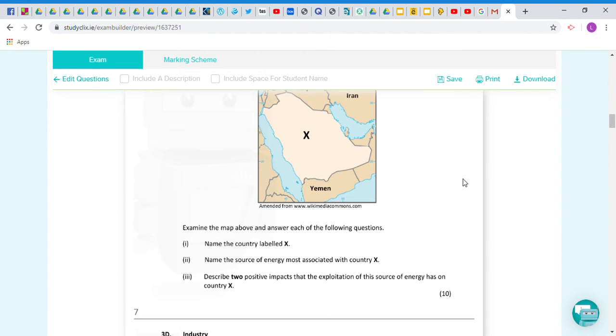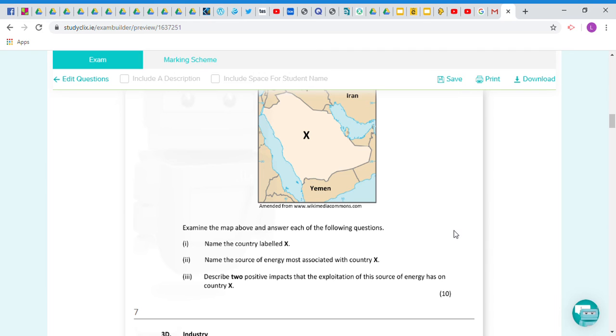And part 3, describe 2 positive impacts that the exploitation of this source of energy has on country X. So number 1, oil revenue has allowed Saudi Arabia to develop its education and healthcare sectors.